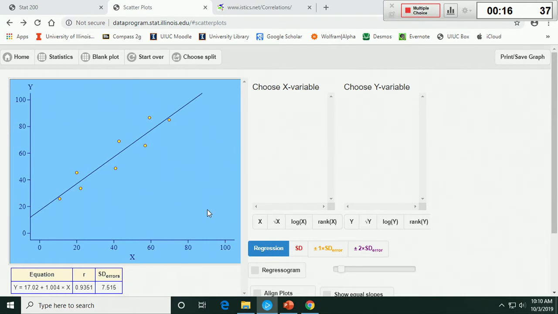And just vote. Then we'll see if you're right.